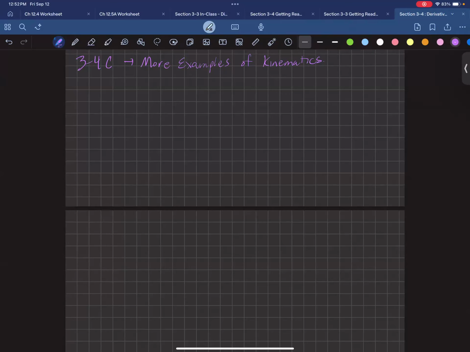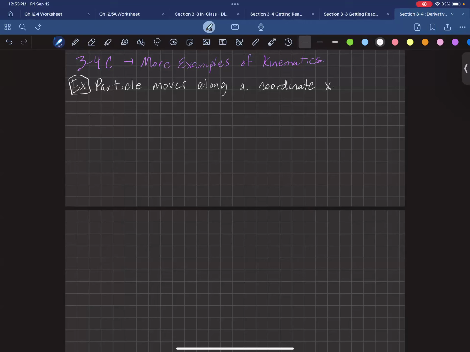Let's say for our first example, a particle moves along an axis, just one particle. We'll say a coordinate axis, like maybe it's going back and forth along x.